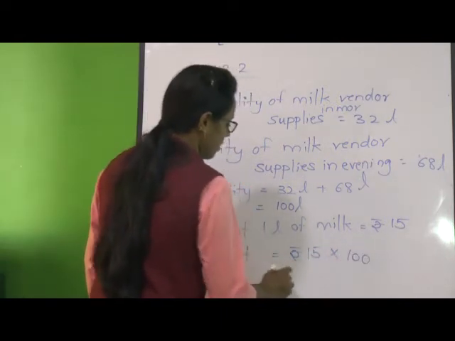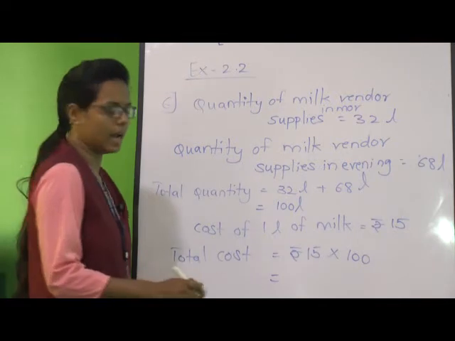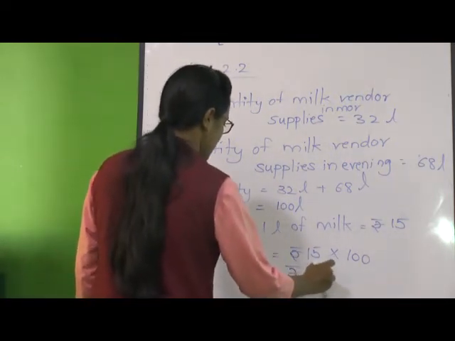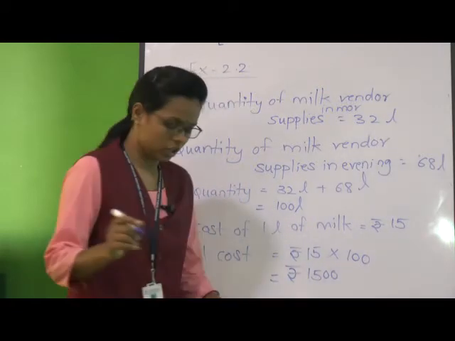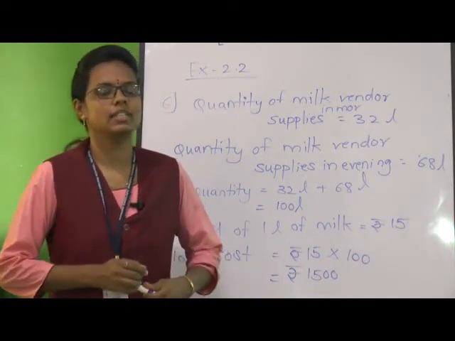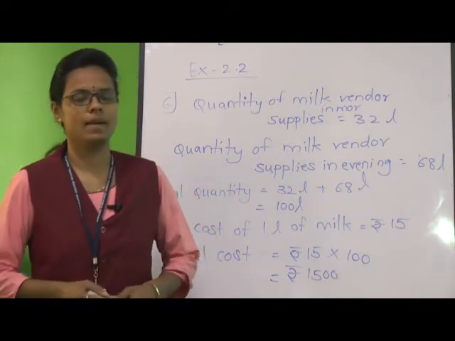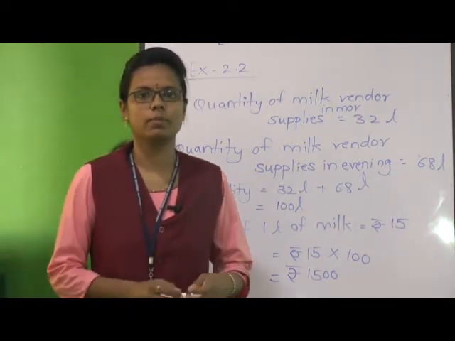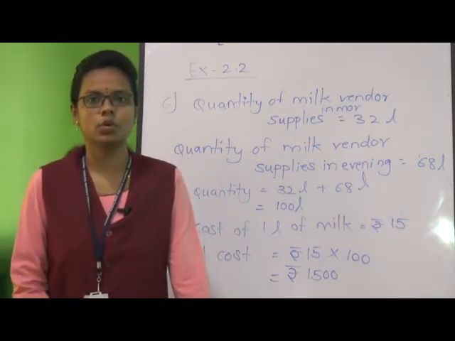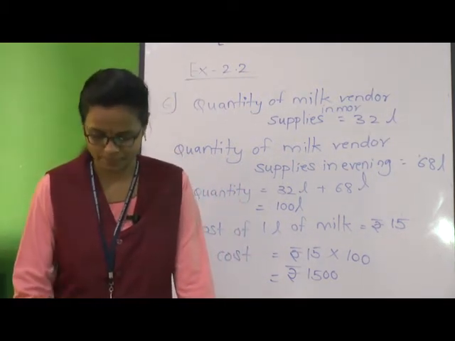So 15 multiplied by 100, we get the answer 1500. So the total cost of milk the vendor supplies is rupees 1500. So these were the word problems from exercise 2.2. Let us move towards our next concept.